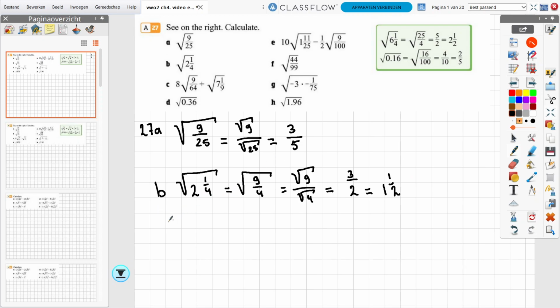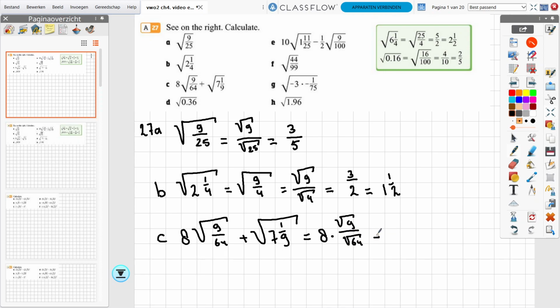And at C, they try to make this more difficult, I guess, by just making the calculation longer. But this shouldn't pose any problem anymore. Do know that this is 8 times, right? So you get 8 times the root of 9 over the root of 64 plus, and you can do this in one step as well, right? So 7 is the same as 63 over 9, right? And you have 1 over 9, so in total you have 64 over 9.